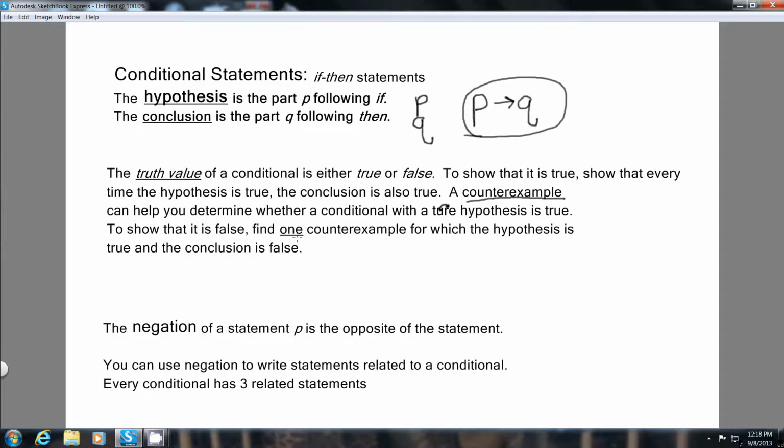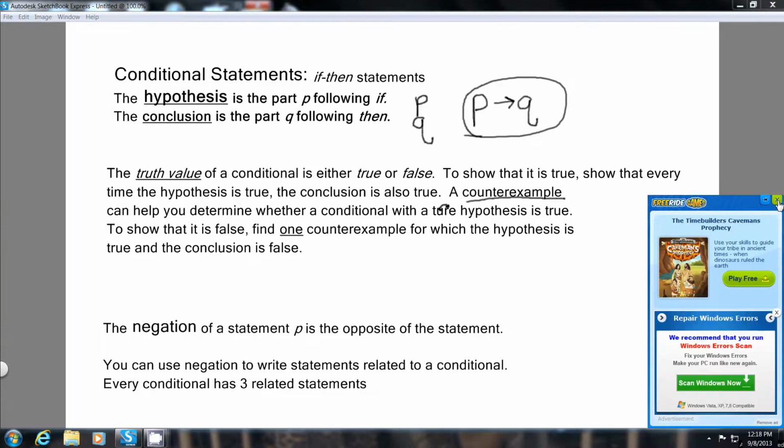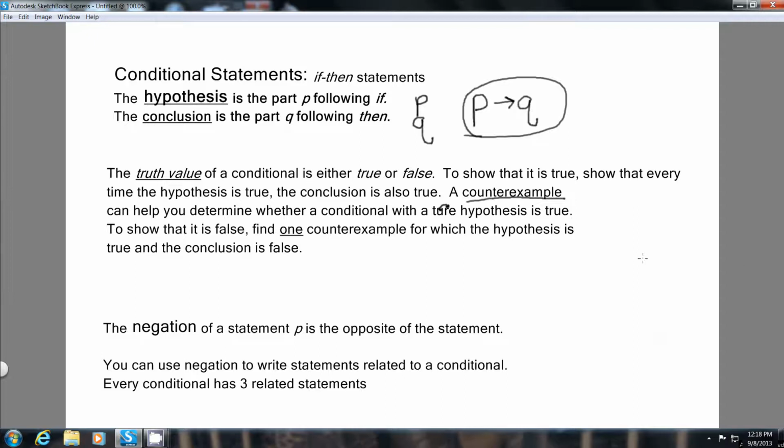Well, the hypothesis is the measure of angle A is 15. Is there any way that we can ever get an angle that is not acute? No. So we can't find a counterexample, so we know that the truth value of this conditional is true.